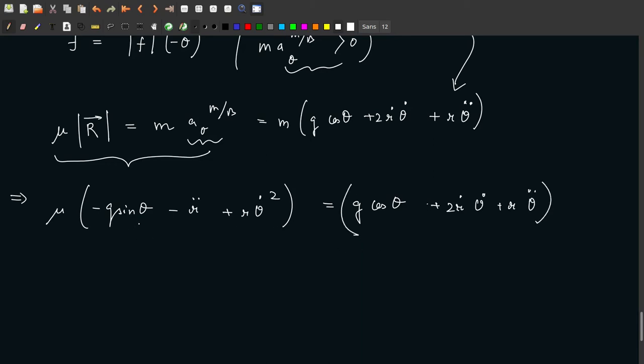Just put in the values of theta, r dot, theta dot square, r, whatever you have to put in, and just go ahead with the algebra. It's pretty simple algebra again.